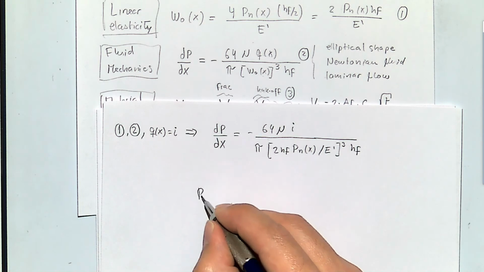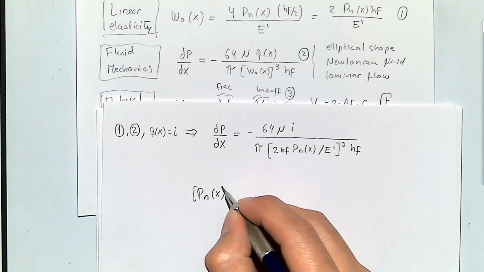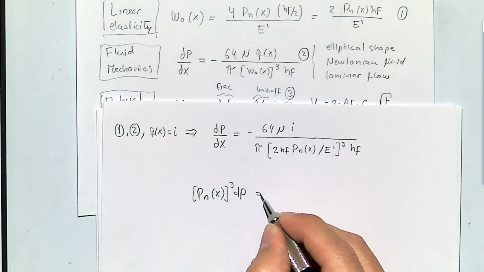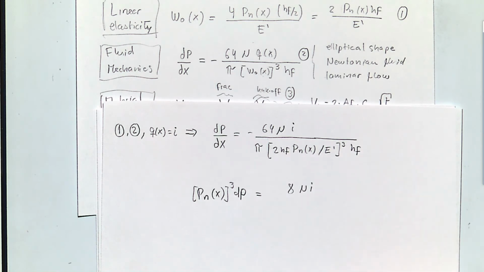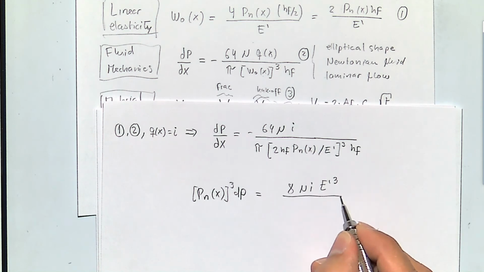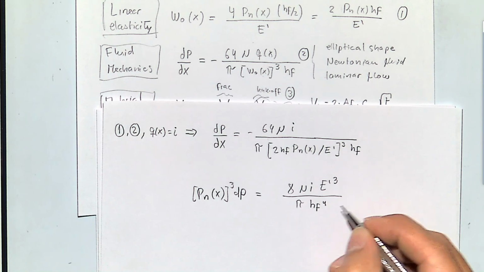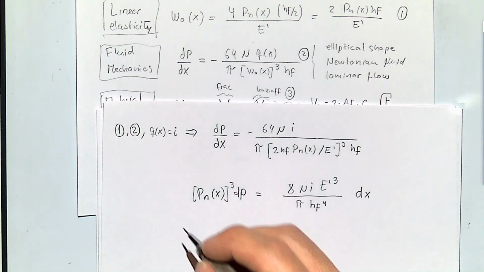So this is going to look like Pn as a function of x to the third times dp is going to be 8 mu I. I bring the plane strain modulus to the top. All of these are just constants as a function of dx. And once I separate that, I can integrate.